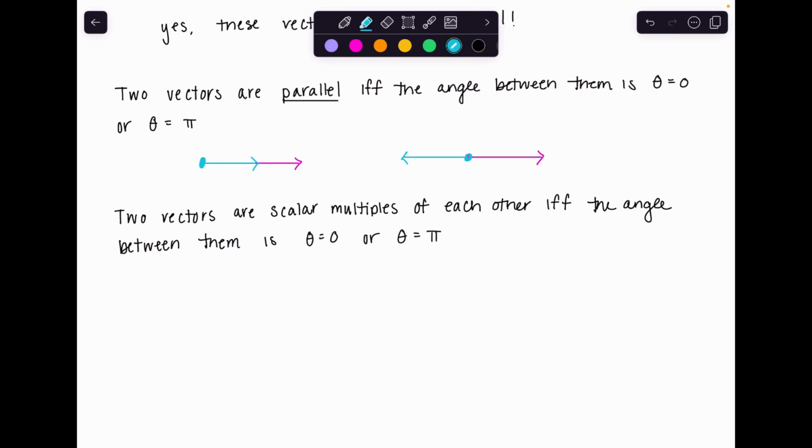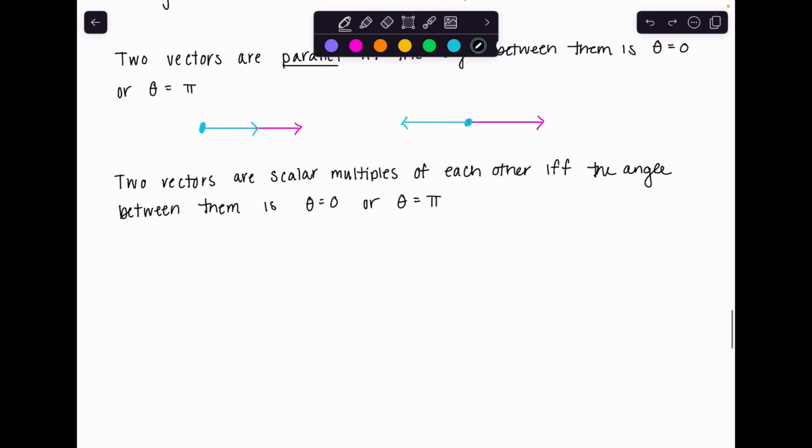Because remember, scalar multiples mean they have the same direction, and this is technically just the opposite direction, but that means you took the prior vector and multiplied it by -0.5 or -3, something like that.